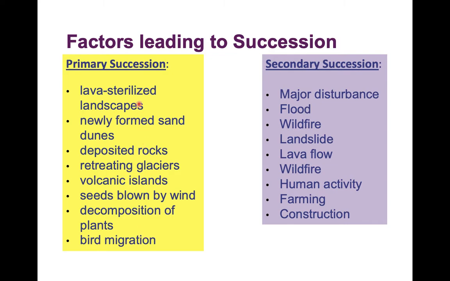All of these factors lead to succession of a community where nothing was there before. Now, what are some of the factors leading to secondary succession? There has to be some natural disaster or a major disturbance like a flood, wildfire, landslide, lava flow, human activity, farming, or construction.